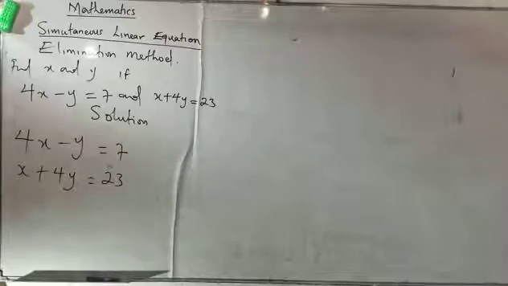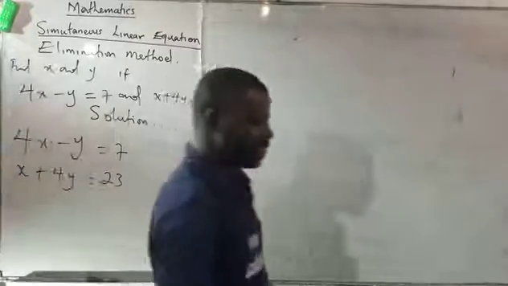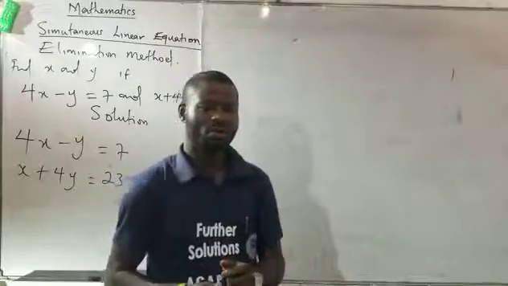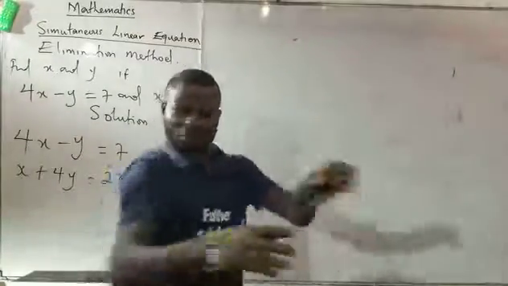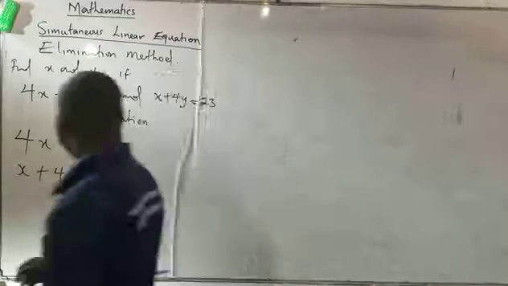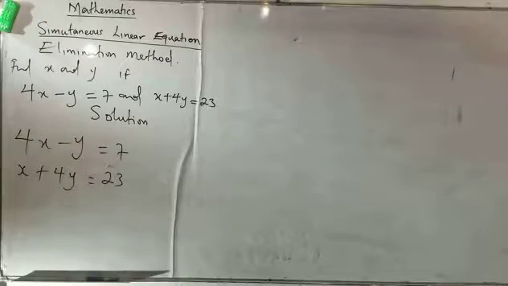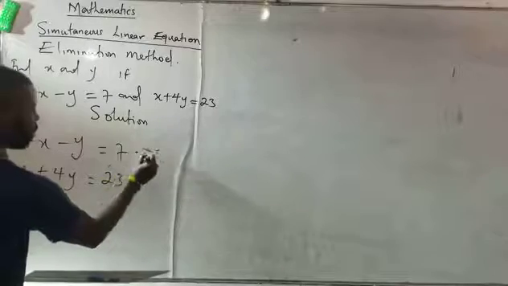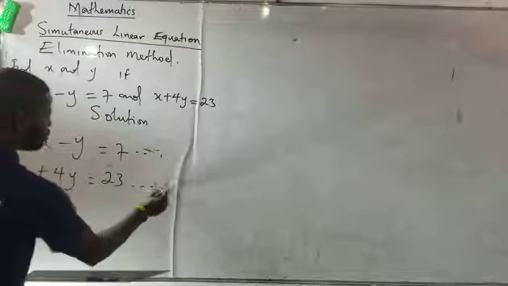Now, elimination method: what is elimination? Elimination means you want to remove something out of something. You are taking away, like removing it out of this. I would think of what I can do that will make this balanced. Some people would do it like this. This is equation 1, equation 2. Take note of that.